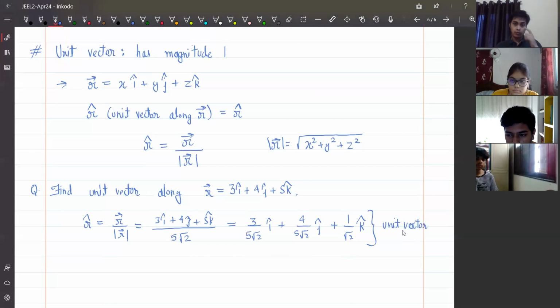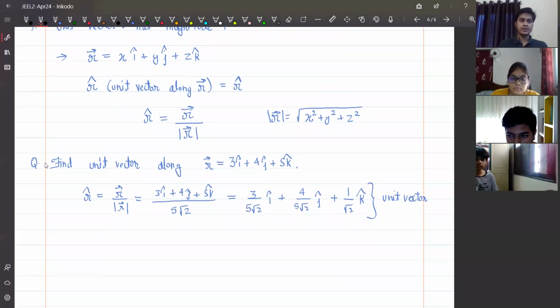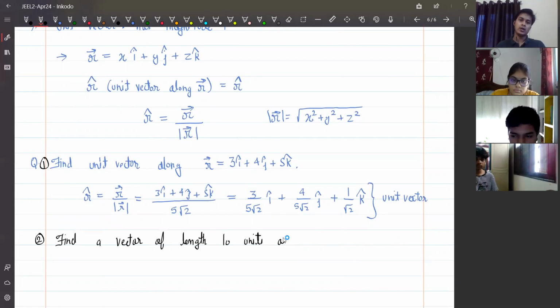So suppose you want to get a vector of any magnitude in this direction. Suppose you have another question, part 2 of it. Find a vector of length 10 units along R vector.